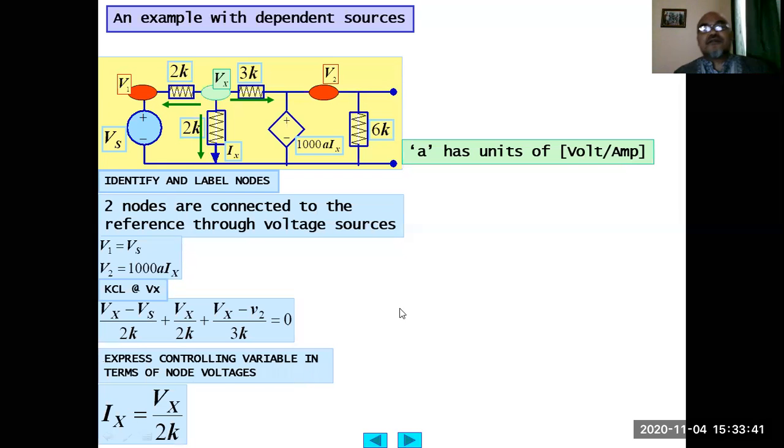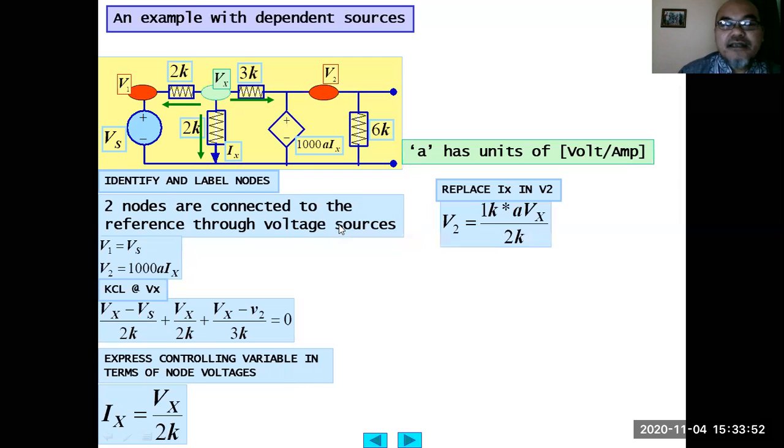Then expressing the control variable in terms of the node voltages, Ix equals Vx divided by 2K. Then replacing Ix here in V2, where is V2? Yeah, here.